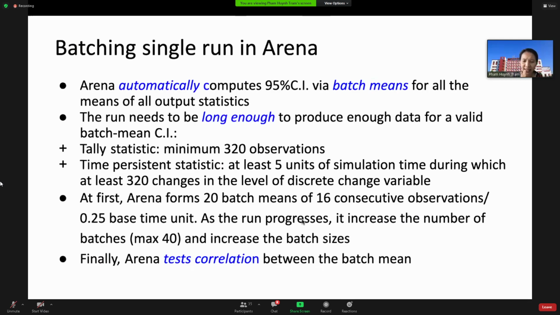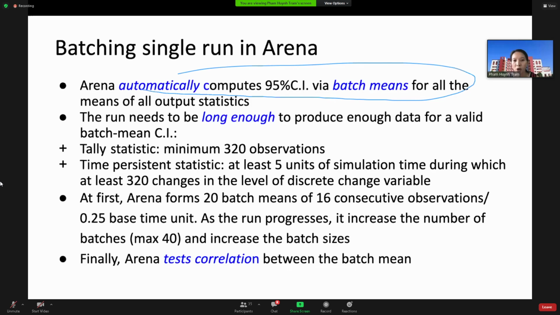At the end of the simulation, after many tries, it will come up with about 20 to 40 batches, very big ones, and it will automatically compute the 95% confidence interval with the batch means for us.